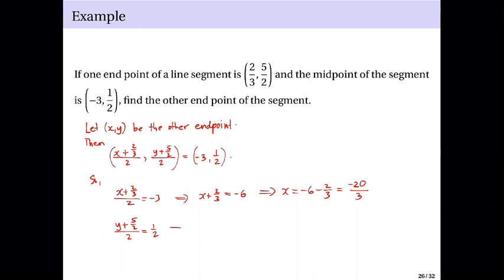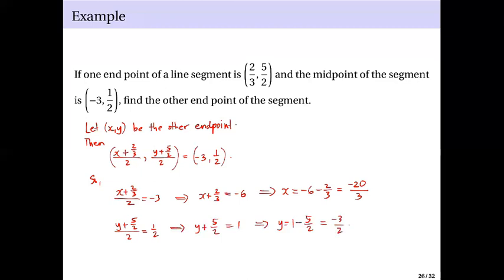And then for the y, you have y plus 5/2. You multiply both sides of the equation again by 2. So this must be equal to 1. Then you solve for y. You have y equals 1 minus 5/2. Calculate this. You should get -3/2.